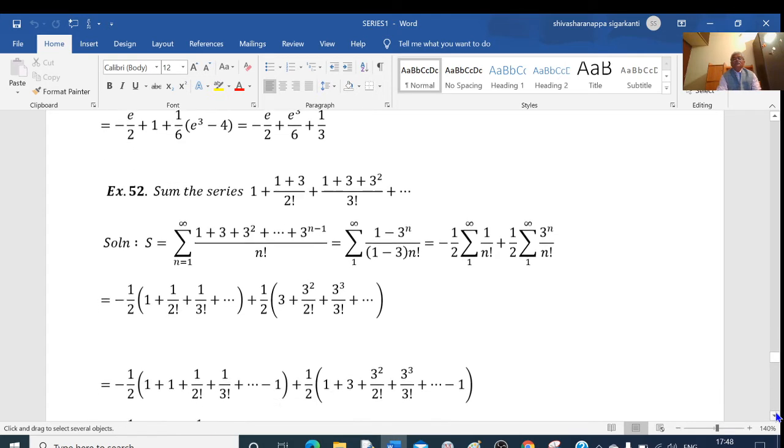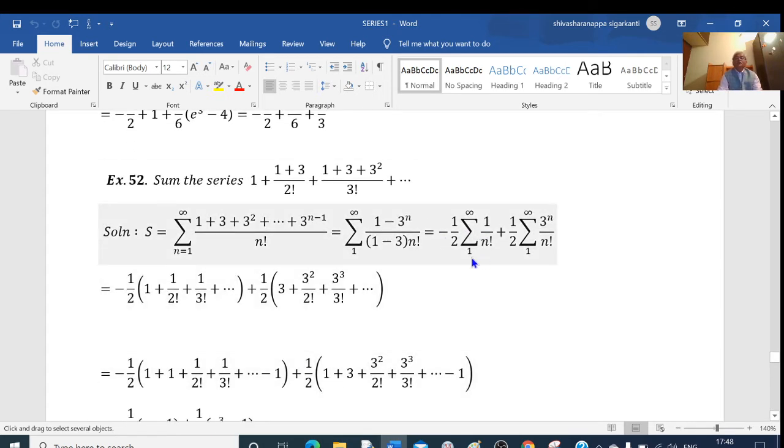Now this is equal to minus 1 by 2, and start with 1 here, 1 by 1 factorial plus 1 by 2 factorial plus 1 by 3 factorial plus 1 by 4 factorial. So this is the bracket plus 1 by 2 into, and start with 1, that is first term is 3 by 1 factorial, that is equal to 3 plus 3 square by 2 factorial. Next term 3 cube by 3 factorial plus and so on.